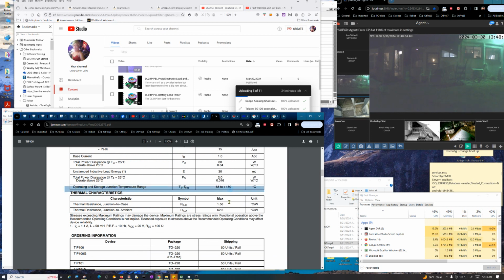And like I said, oftentimes you'll see 150 degrees centigrade as the maximum, TJ max, the junction temperature. But I usually use these figures here when I calculate thermals with transistors, junction to case and junction to ambient. Junction to ambient you use if you're not using it with a heat sink, right? So that's your thermal resistance. It's 1 degree centigrade per watt.